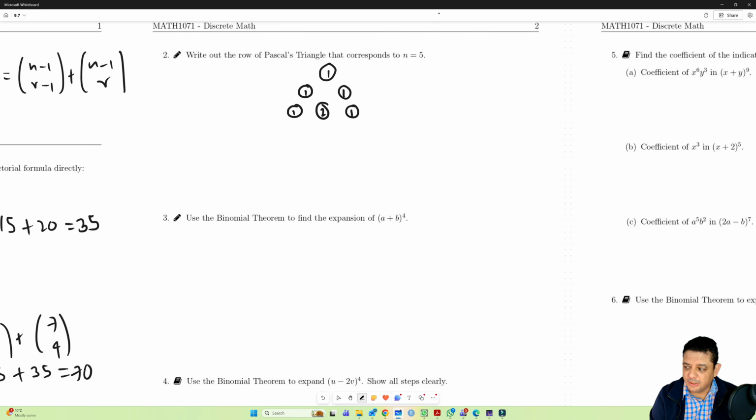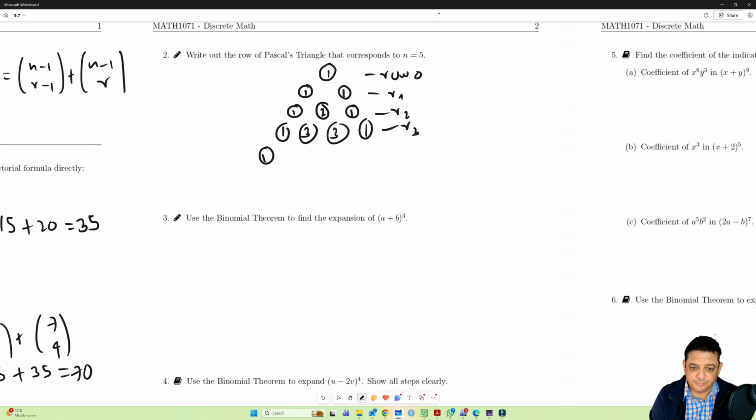Remember, this is row 0, so this is going to be row 1, row 2. So we continue. We have 3 here, 3 here, and then 1 and 1. And this is row 3.